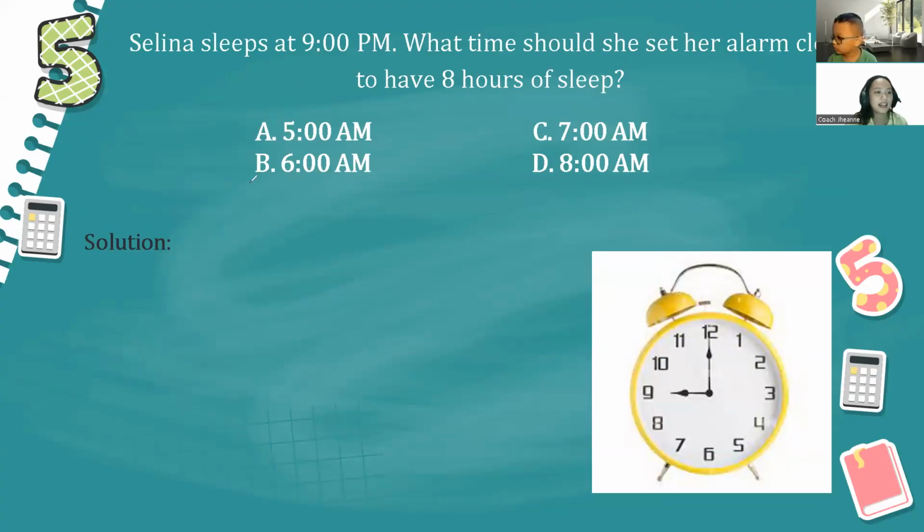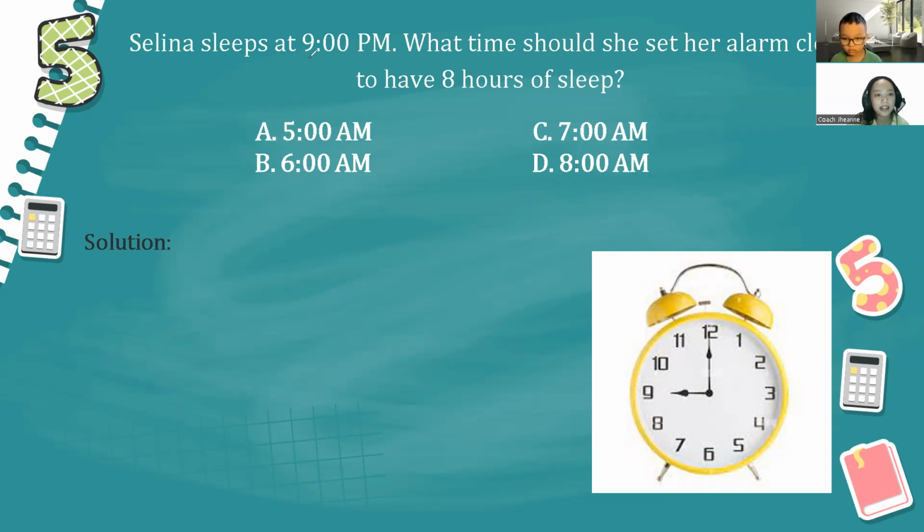Number 5. Selena sleeps at 9 p.m. What time should she set her alarm clock to have 8 hours of sleep? So we can do counting here, or I'll show you a solution.